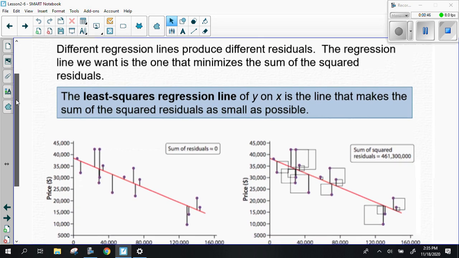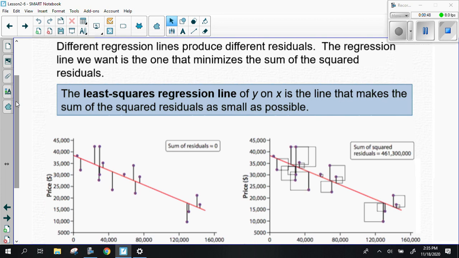So remember, we said that our residual is our observed or our actual value minus our predicted value. And you can see that it would make sense to square those so that we wouldn't wind up with some negative values.